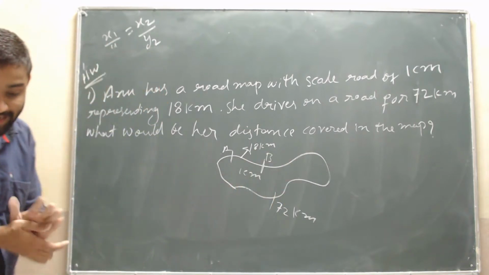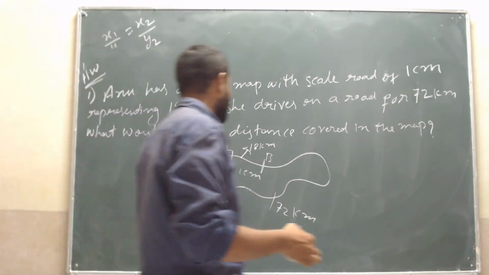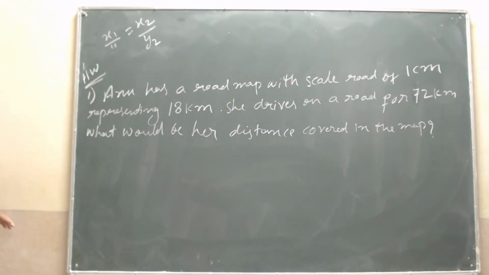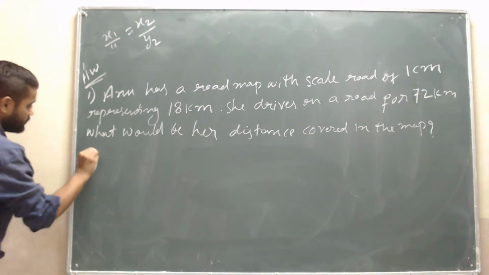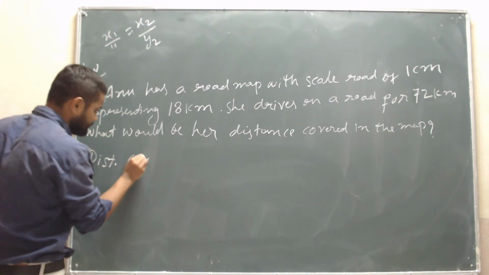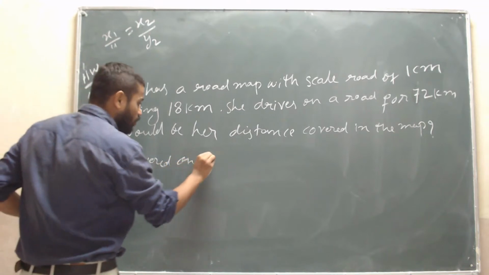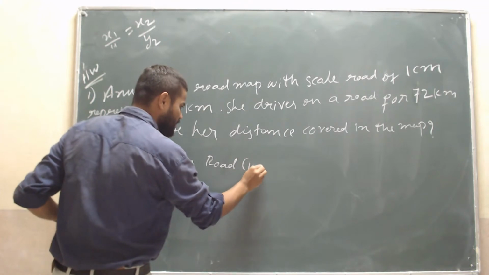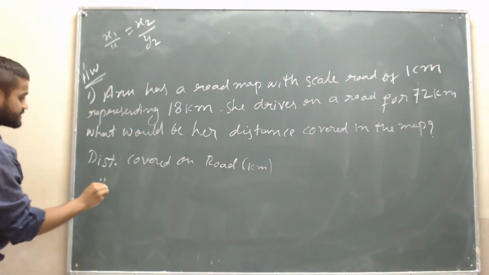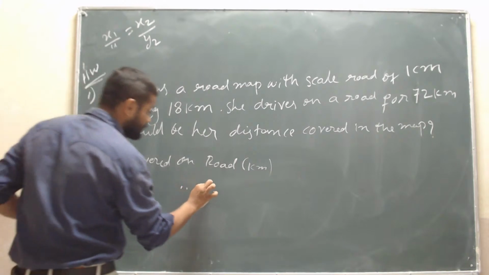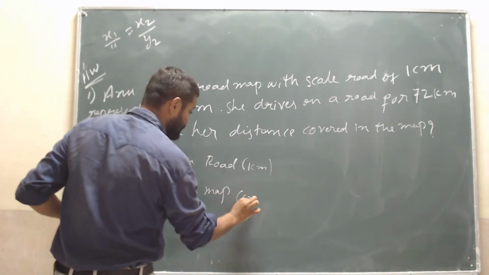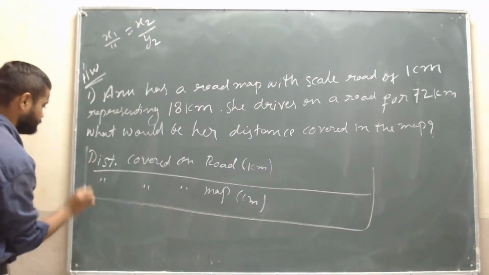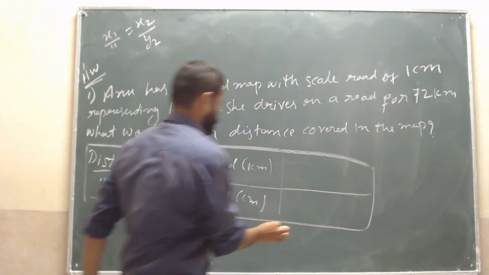So I will write the given data, and you have to comment me the answer. Distance covered on road is in kilometers, and the distance covered on map is in centimeters.